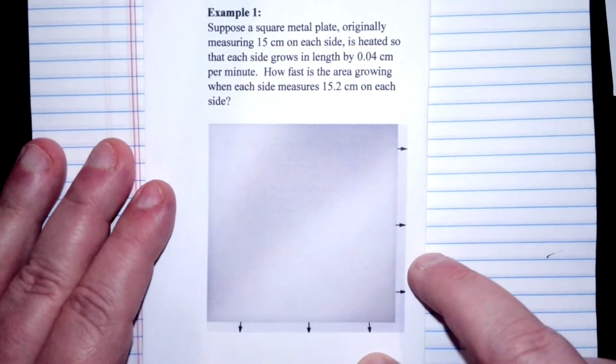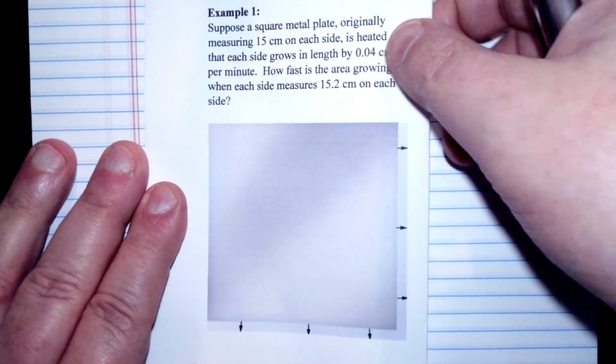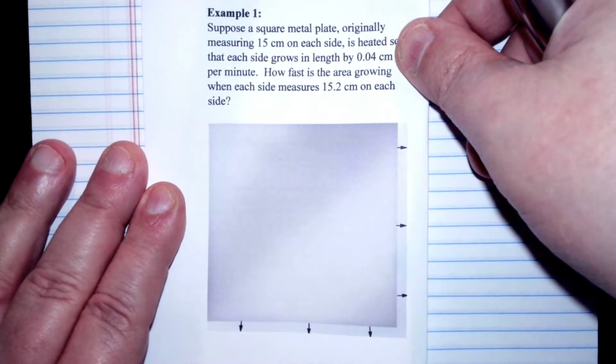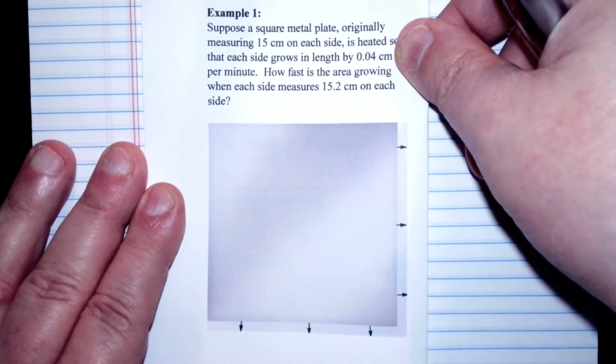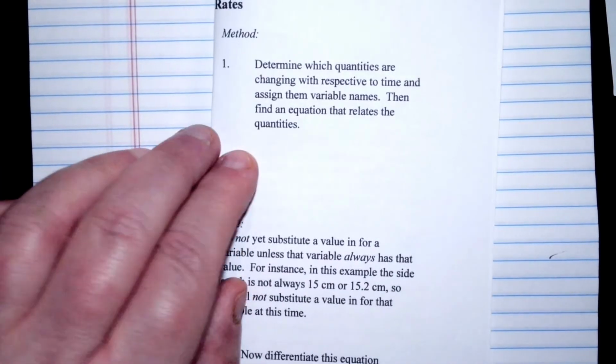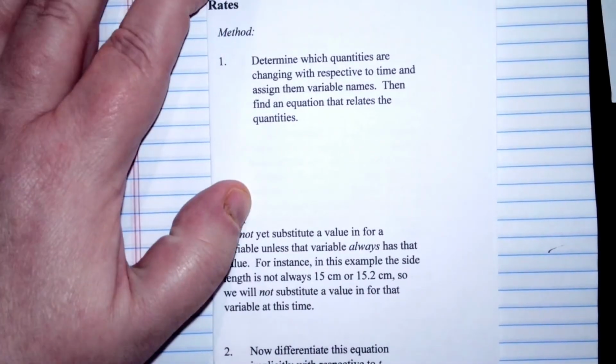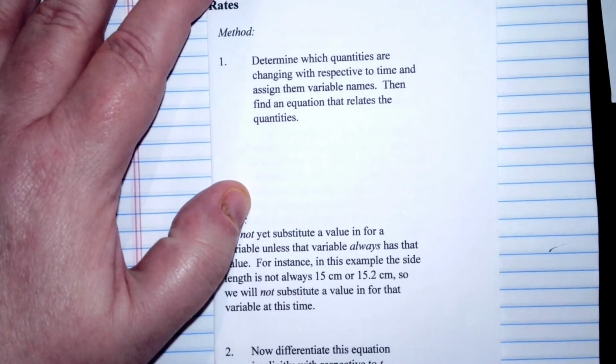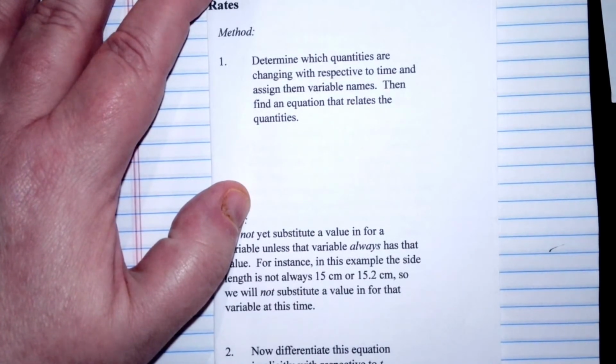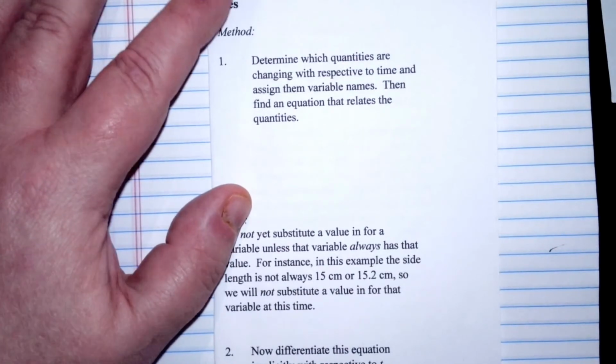So what you need to do first is decide which are the quantities that are changing. Alright? So step number 1. Here's the method. Step number 1. Determine which quantities are changing with respect to time and assign them variable names. Then find an equation that relates the quantities.